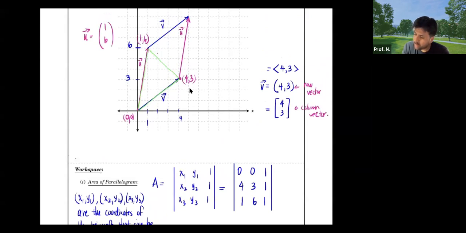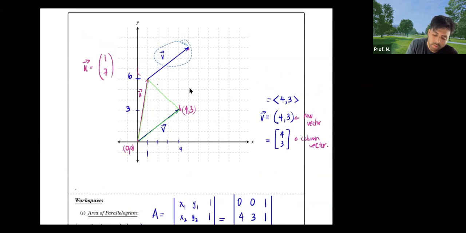Is it 4, 6, 1? Pardon me, this should be 7. Sorry about that. It doesn't really matter; it matters for the computation aspect of it. So this should be raised up a bit more, and it's just based upon the computation that I want.